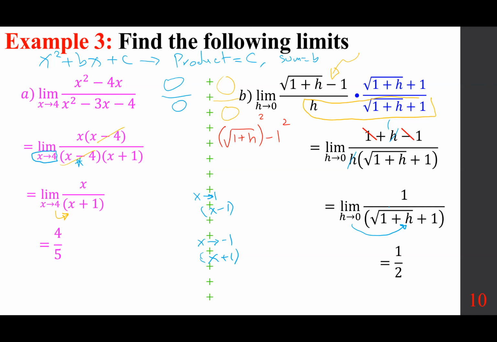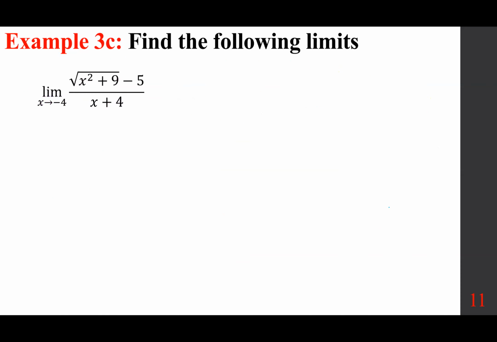Okay. So the various techniques that we should be comfortable with using: factoring, multiplying by the conjugate, multiplying by the LCD to get rid of a complex fraction. This one, if we plug in, what do we get?